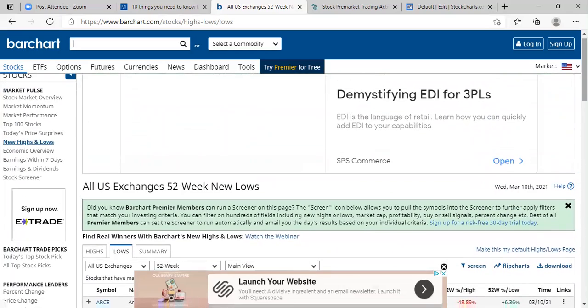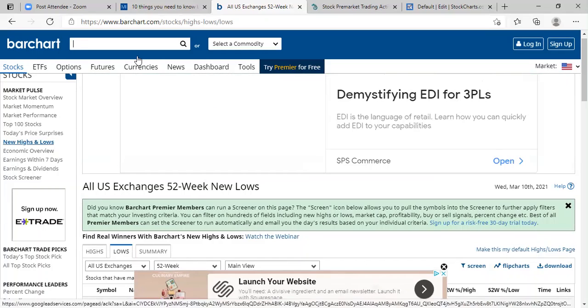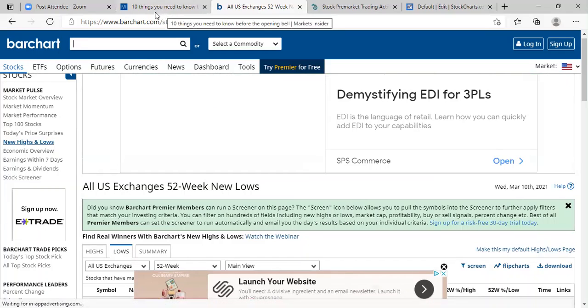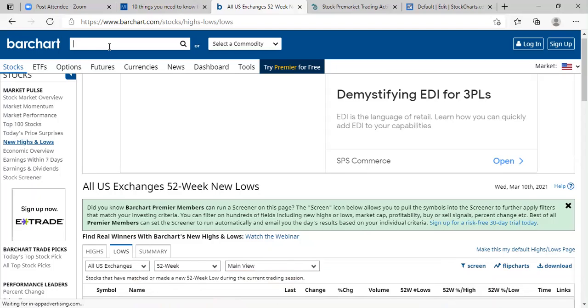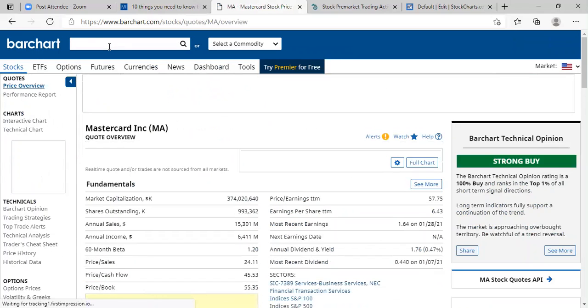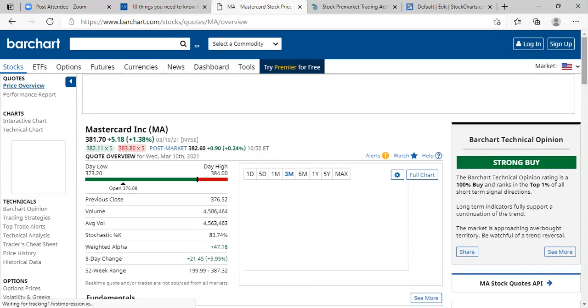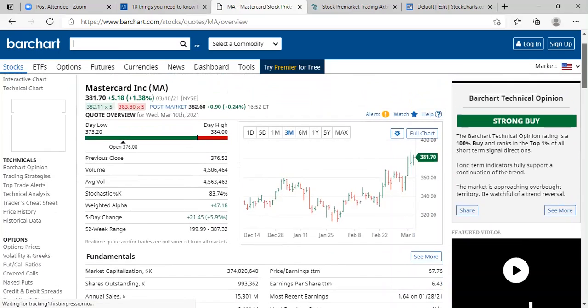So there you go. Before I move on to the next thing, let me also say that bar chart gives great opinions on stocks. That's why I like this website a lot. If you type in a stock here, like MasterCard, bar chart will give you their technical opinion.